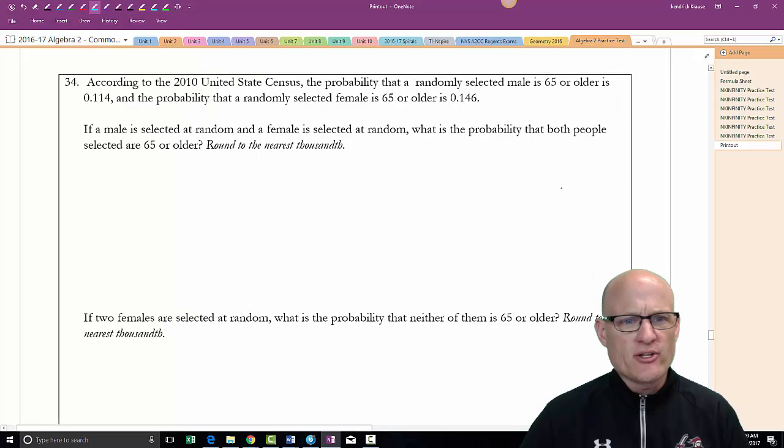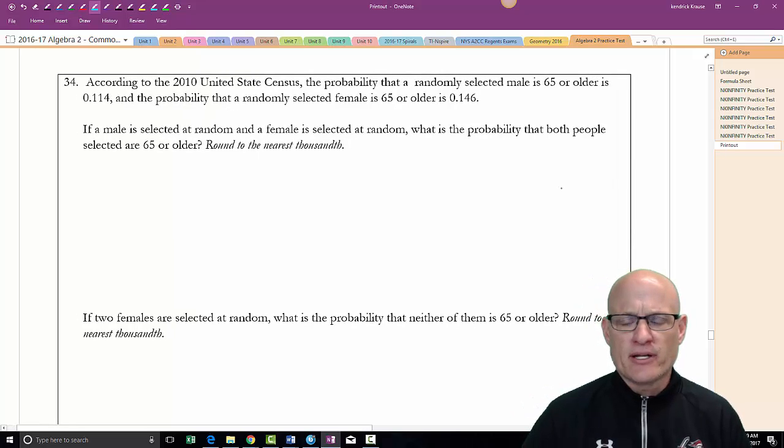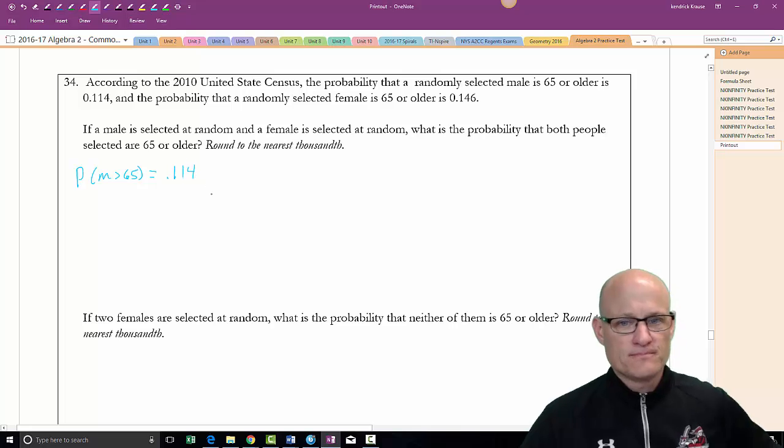All right, according to the Census Bureau, the probability that a randomly selected male is 65 or older is equal to 0.114.